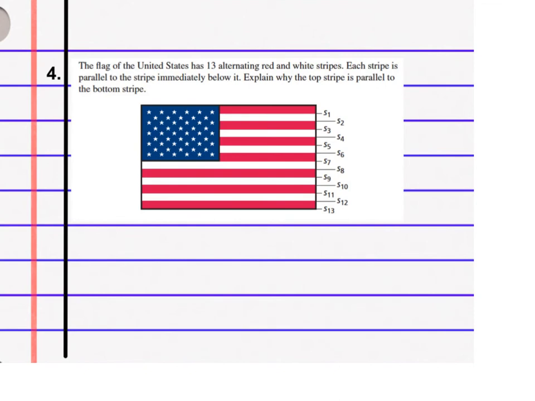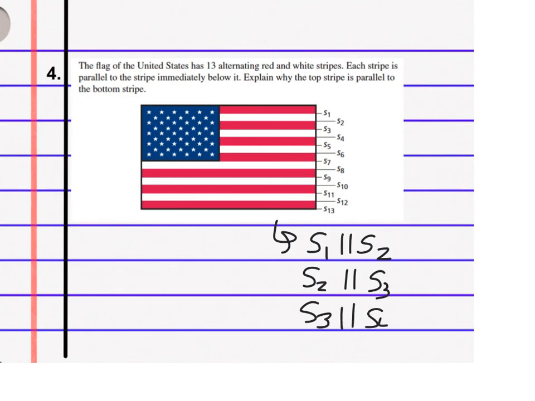So I'm going to go ahead and maybe sort of do a paragraph proof for this rather than a 2-column proof. So basically what it's saying is I know that stripe 1, I'll call it S1, is parallel to stripe 2. Stripe 2 is parallel to stripe 3. Stripe 3 is parallel to stripe 4, on and on and on. So what do we know if everything is parallel to each other?